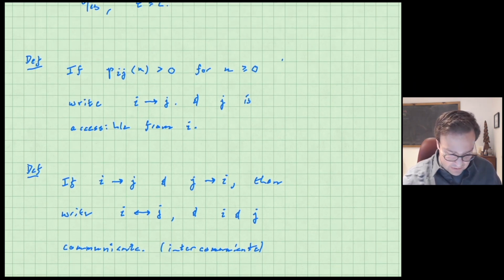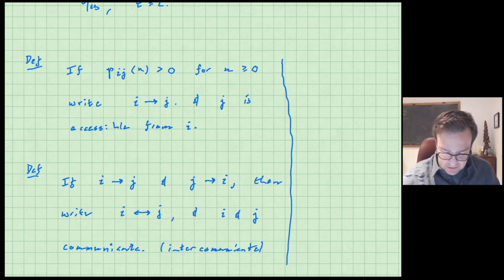We're going to say Pii of 0 is equal to 1 for all i.